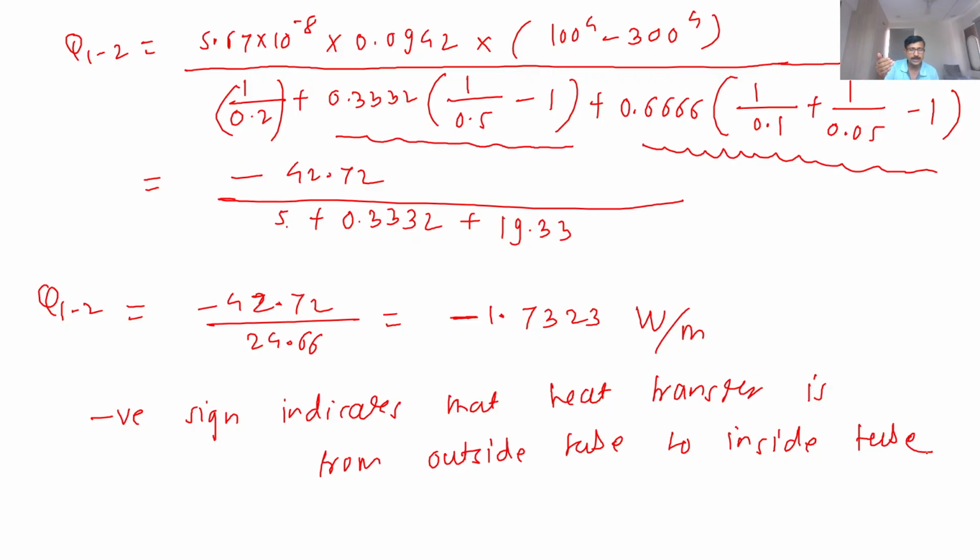The answer is negative, so heat transfer is not from inner to outer; it is from outer to inner. That's why it is written: the negative sign indicates heat transfer is from outside to inside rather than from inside to outside. This is very important. Significance of the negative sign carries half mark, so you have to write it.